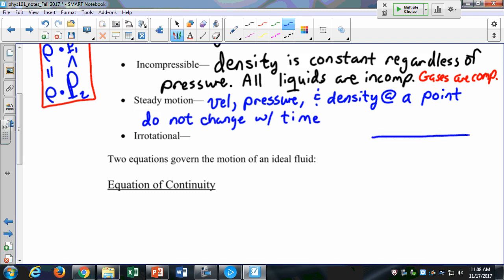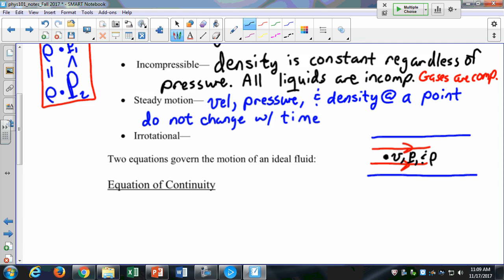So if I'm looking at the flow of a fluid inside of a pipe, if I take a point in that fluid, I would say that the velocity, the pressure, and the density are always the same. Actually, the density is always the same anyway. But the velocity and the pressure are always the same at that point. Now, that doesn't mean that at other points the velocity and the pressure can't change. And in fact, we'll see that it does change depending upon the shape of the pipe. But at that point, the velocity and the pressure are always the same. The density is always the same regardless.